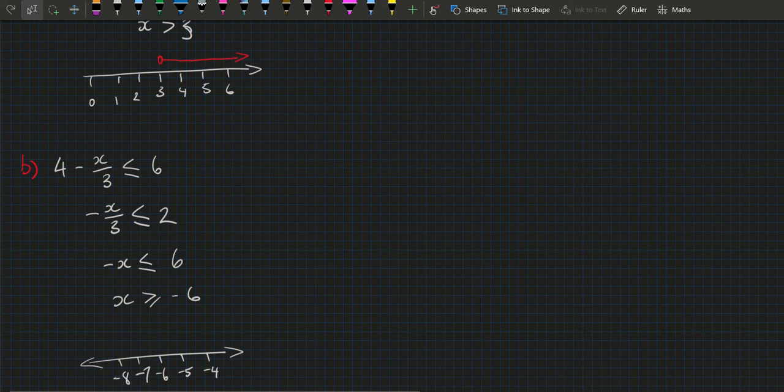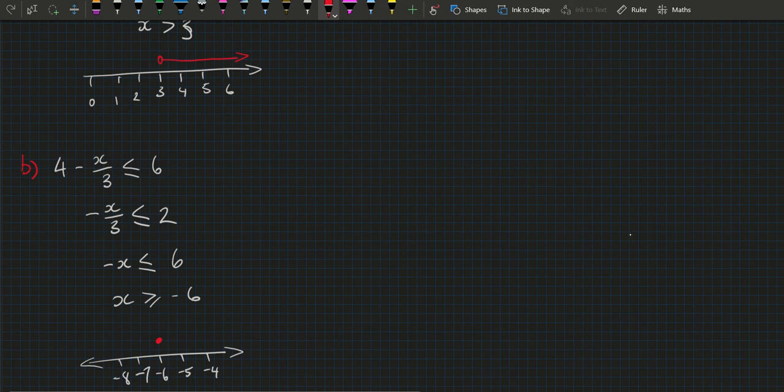So minus 7, right, well, minus 7 is not less than -6, is it? Because it will be greater than, so we've got to think about this -6 here now.